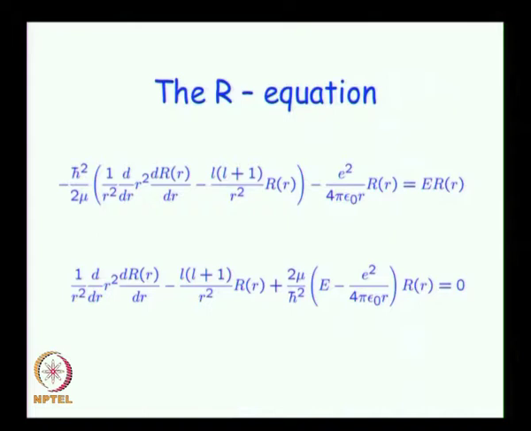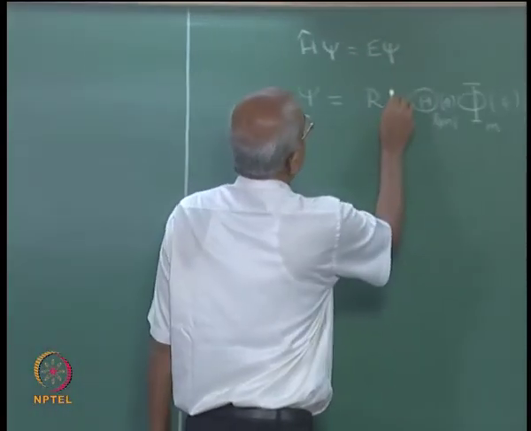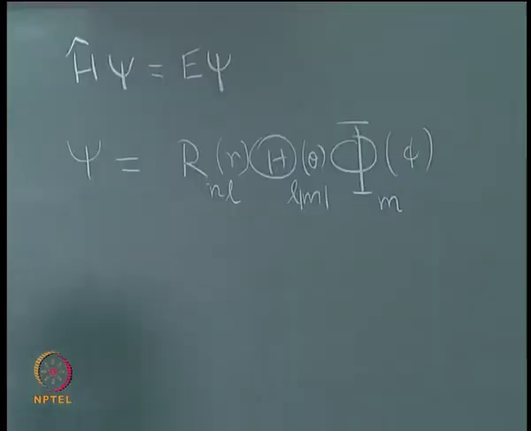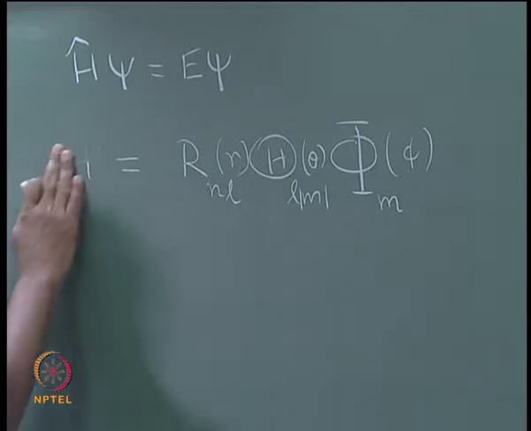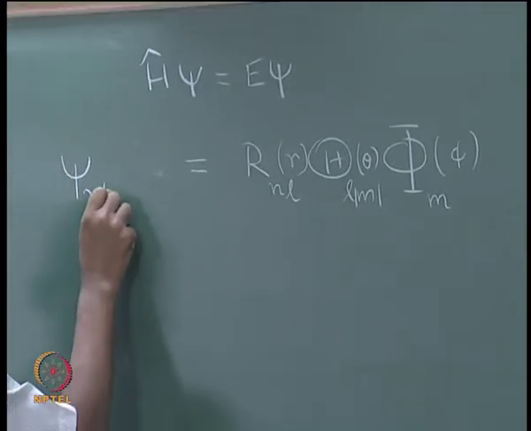So, therefore, you realize that capital R actually will depend upon the values of n and L, right, and so this is the general nature of the solution. This is how the solution appears, and so my wave function psi, it depends upon all the 3 quantum numbers.